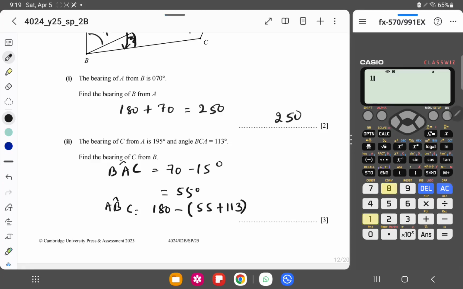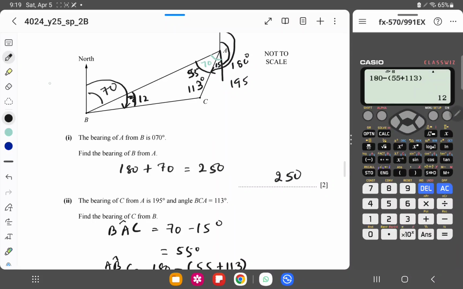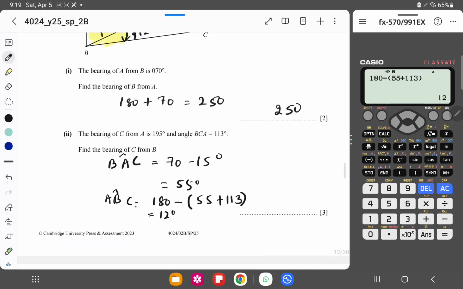So that is 180 minus 55 and 113 degrees, and bracket close, equal sign, this is only 12 degrees. Okay, so it means that this much is only 12 degrees and we have to calculate the bearing this much. So 70 plus 12, whenever we do, we get the answer for this question.